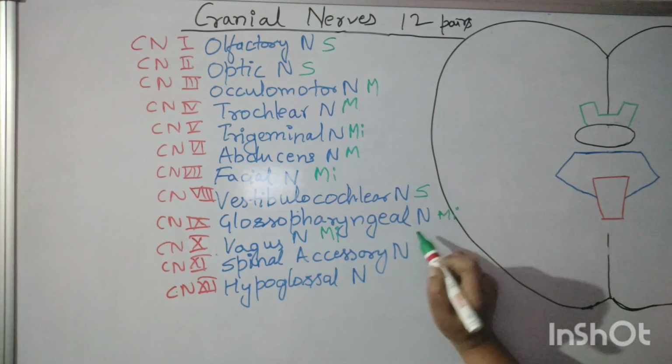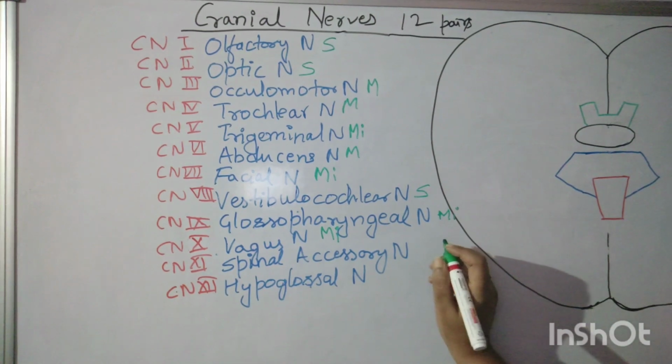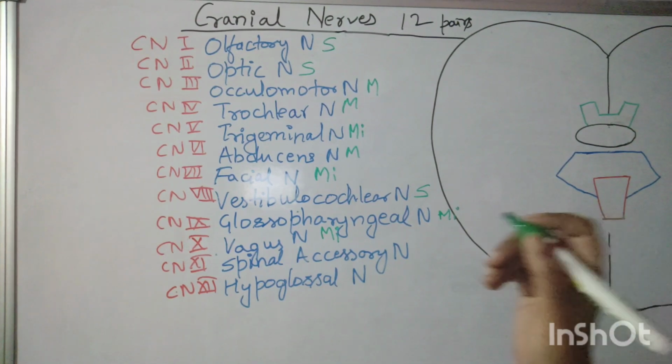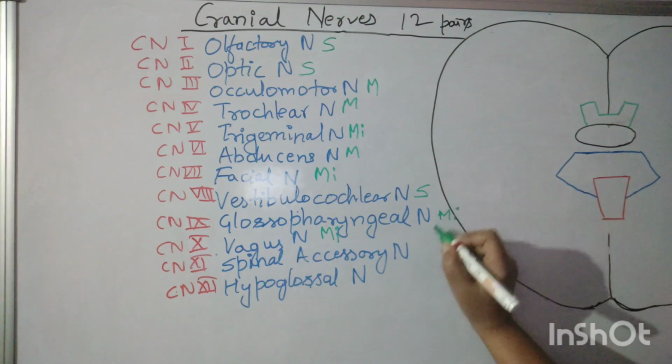Both are mixed. The spinal accessory nerve is for movement of the head, left and right. So these are motor.